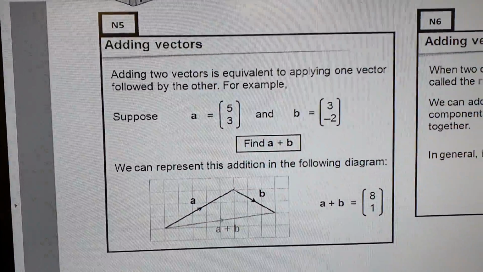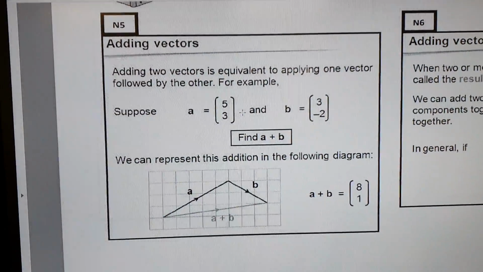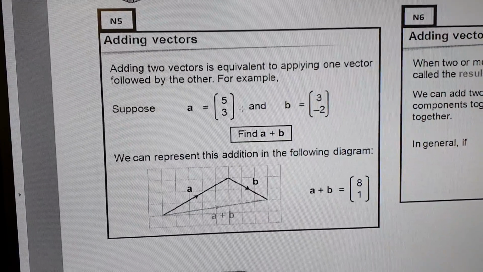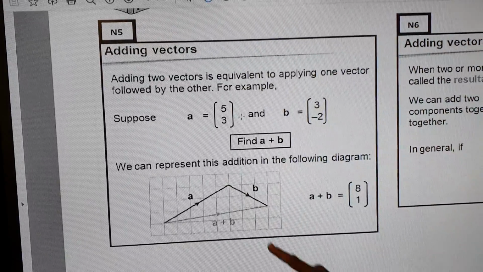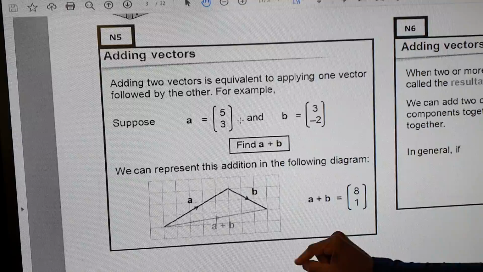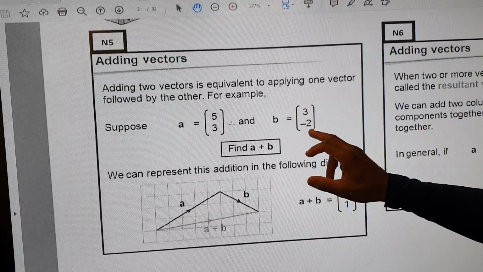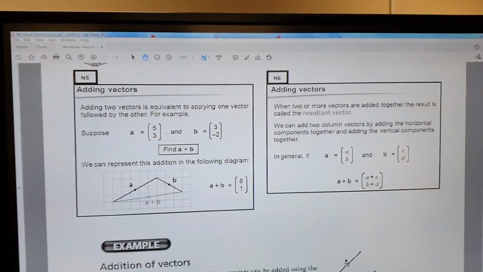That is our A, as indicated here. Our B has 3 with a -2. So we start here. This is our tail. 1, 2, 3, and we come down 1, 2. That's why we have the indication of a -2, because we are going in a negative direction.